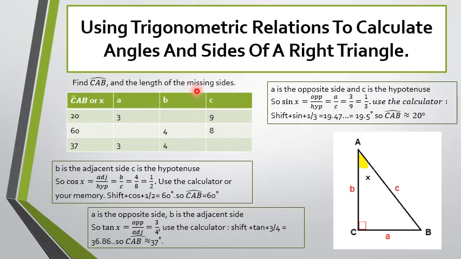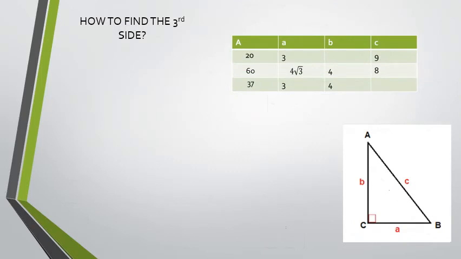Now, to find the length of the missing sides. How to find the third side? In the first example, we found the angle CAB as 20 degrees, but it wasn't an accurate answer. We have rounded it.